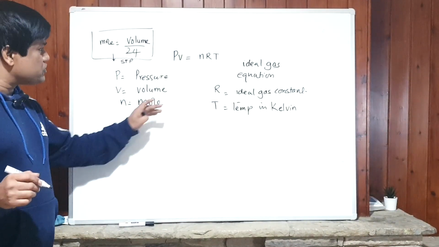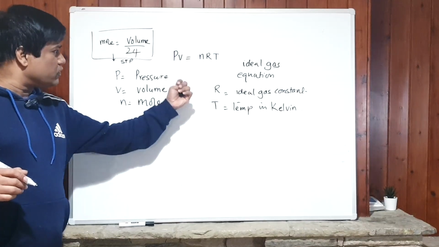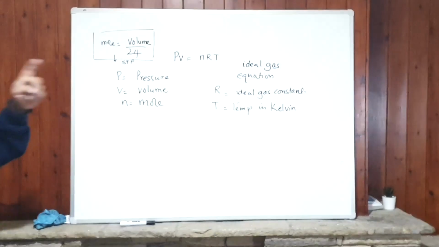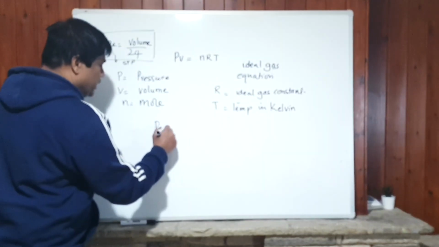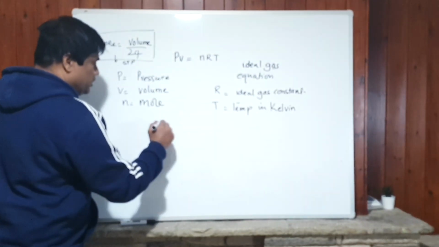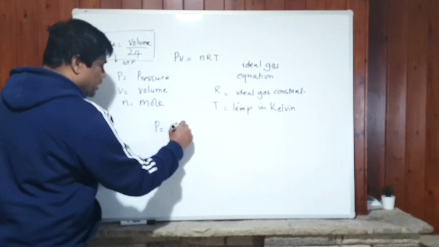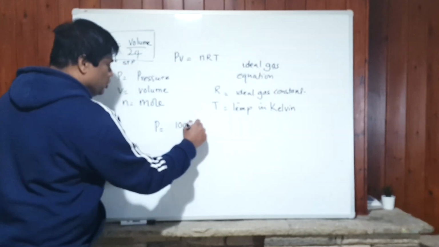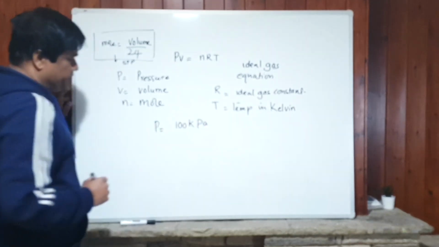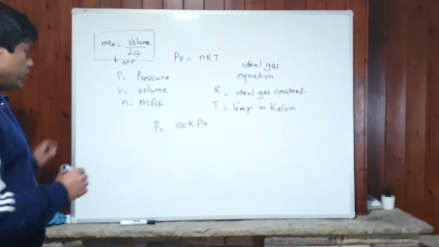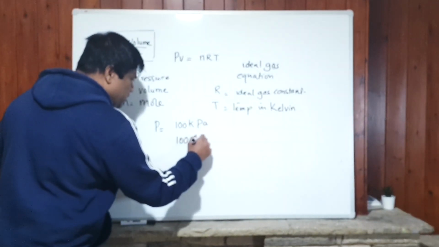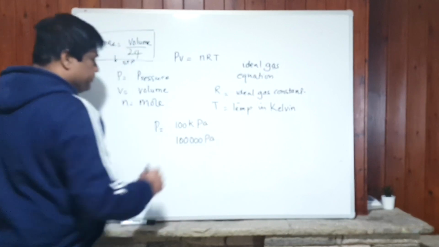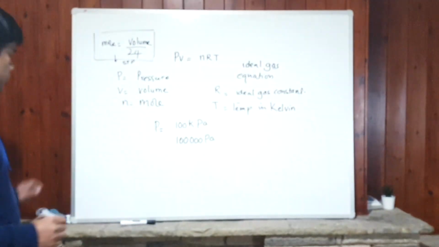Let's do some questions based on the PV equals nRT formula. Pressure, what's the unit for the pressure? Pressure unit is 100 kilopascal or 100,000 pascal. What's the unit for the volume?